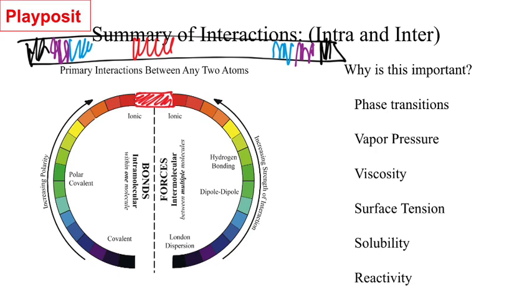But this is also why biologists get this confused. They'll go through and say, well, ionic bonds are the strongest. No, they are not. Ionic forces are the strongest. That's why when I look at a salt, it has very high melting points, because it takes a lot of energy to break those forces.